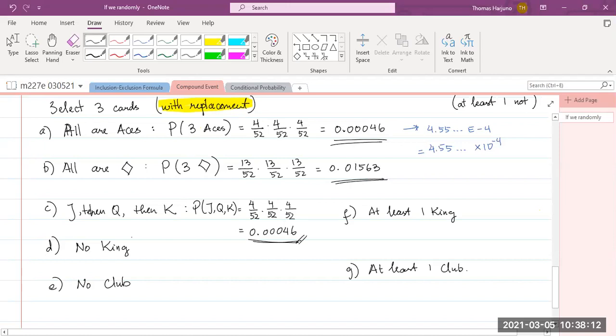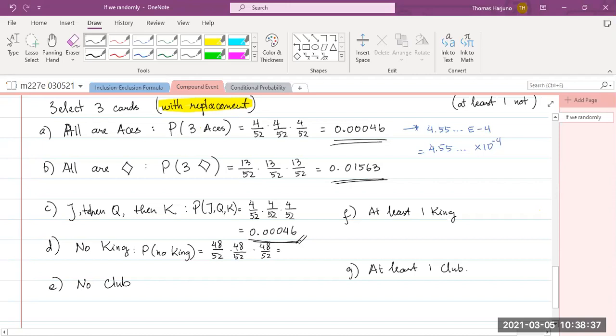Okay. Part D, probability of no king. There are 48 cards which are not kings. Since you put it back, the second draw has the same probability, and the third draw also has the same probability.